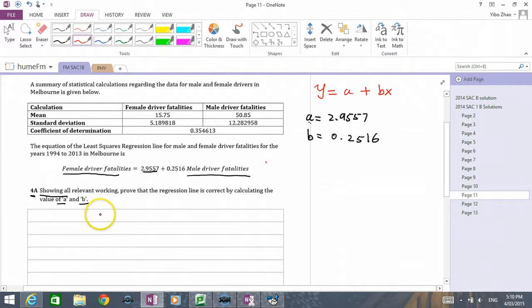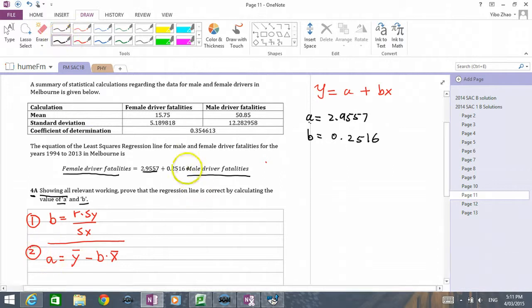The formulas are: B equals R value times the standard deviation in Y divided by the standard deviation in X. My A value equals the mean of Y take away B times the mean in X. From those two formulas, we always try to find B first, then step 2 we find A. We can't find A without finding B.